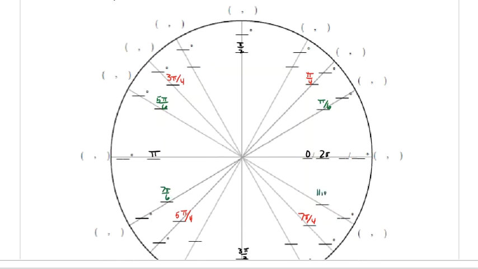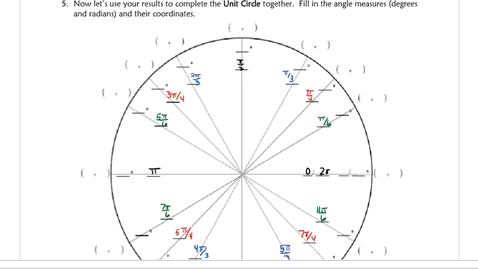And then here, 11 pi over 6, because it's 1/6 short of being 2 pi. And then here, pi over 3, 2 pi over 3, 1 1/3, which is 4 pi over 3, and 5 pi over 3. Okay. So as we look at all of those radian measures, you can tell that the ones in the same color all have the same denominator. That's going to be really important.